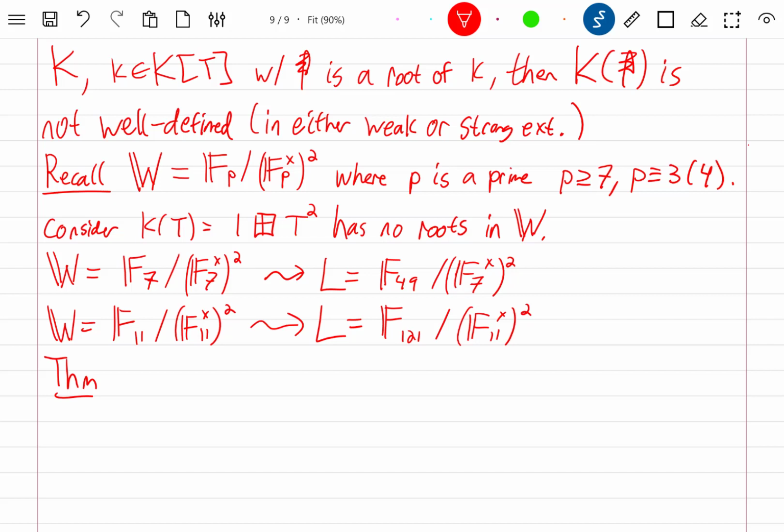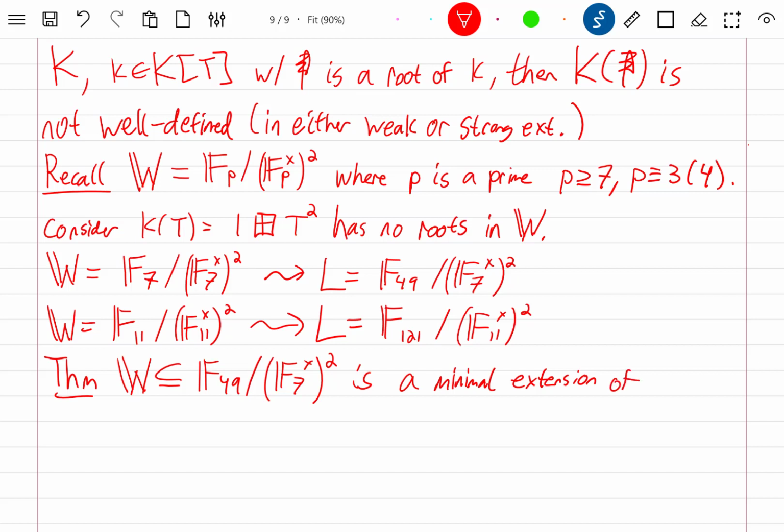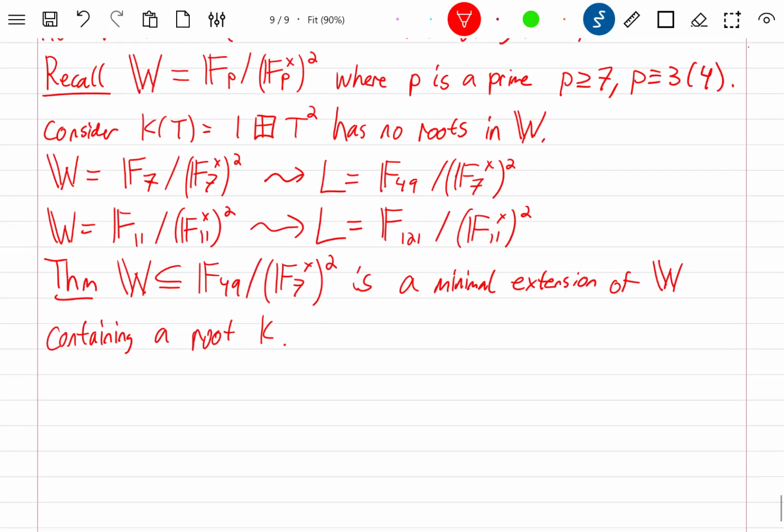So here's the first theorem: our F49 mod our squares is a minimal extension of W containing a root of our polynomial k, and this k is exactly the 1 plus t squared which we have above.